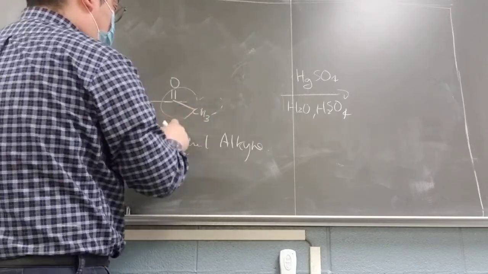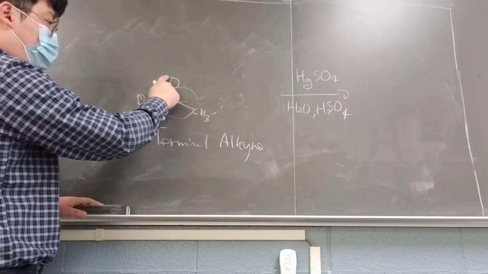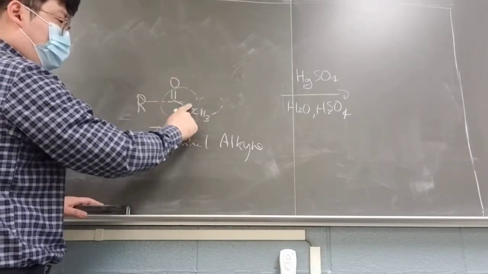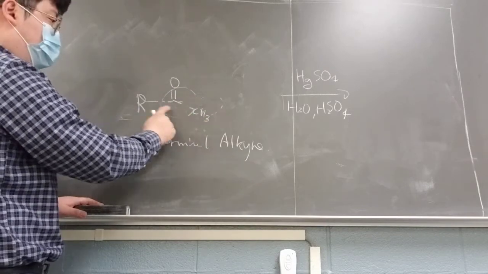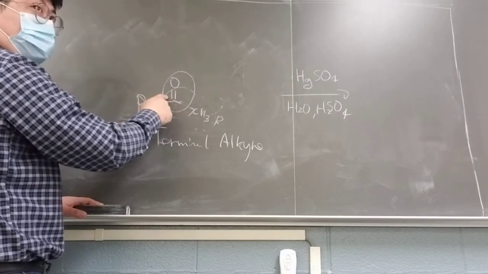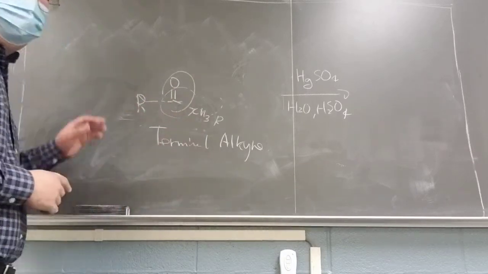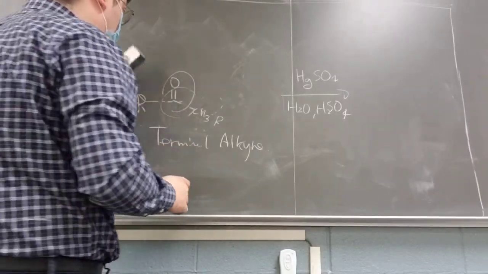So there's two carbons in the triple bond, and the one inside, which is more substituted, will be the carbonyl group, and the other one will just become a methyl group. So it will be a ketone, because this is another R with the carbonyl group in between. It's a ketone, right?